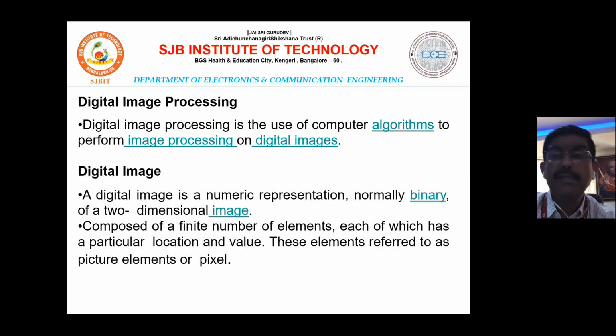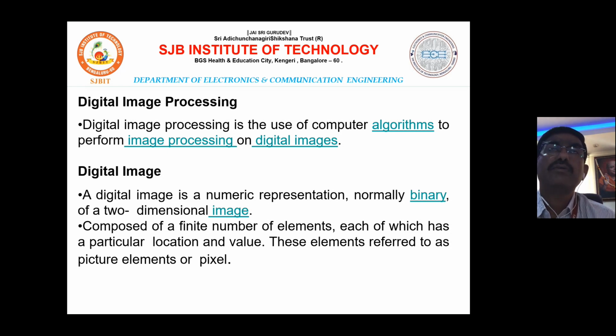The digital image is a numeric representation. Normally, it's a binary of a 2-dimensional image, f of x comma y. x and y are the coordinates and f is the amplitude of an image, composed of a finite number of elements, each of which has a particular location and value.